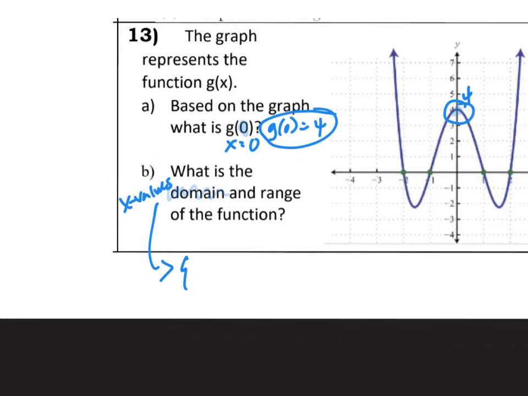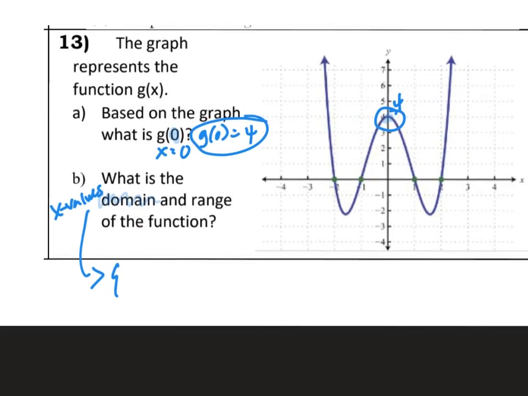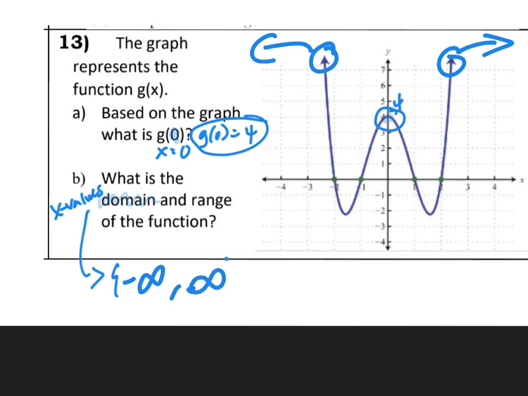The lowest x value that we hit, we actually don't know, because this arrow indicates that this goes on forever and ever. So we say that this is negative infinity. And this arrow tells us that we go to the right, to the positive values, forever in our x. So we're going to represent this with positive infinity.